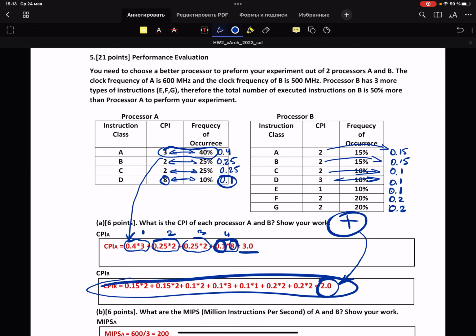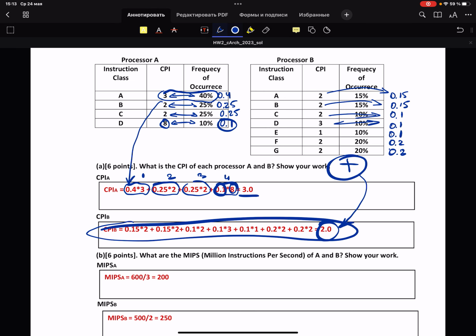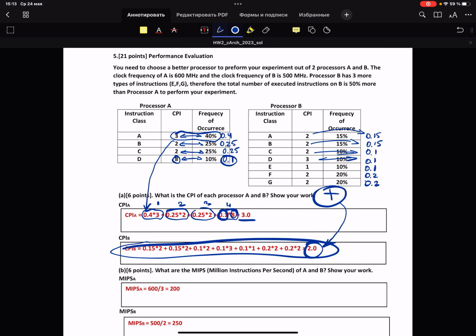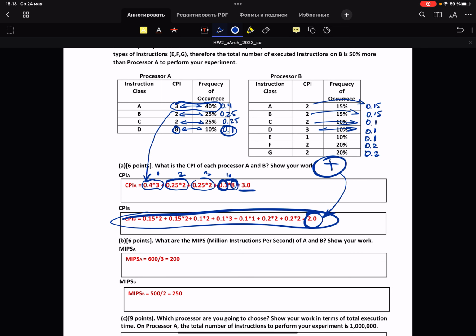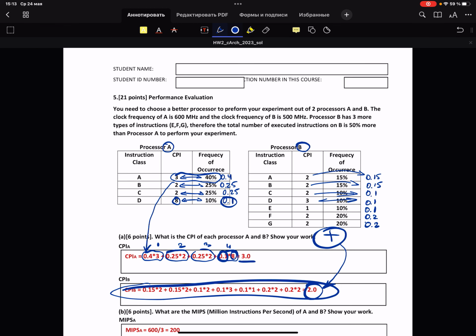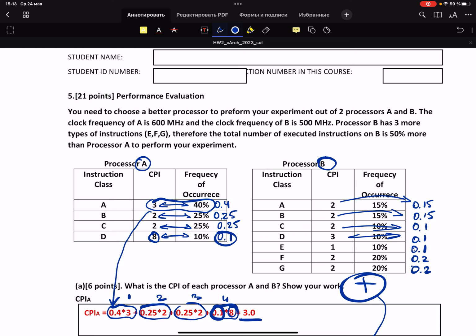Very simple. So now what you are asked to find is the MIPS of A and B. For this you have to divide the given clock frequency, okay? I mean, for both processors, processor A and processor B, initially you will be given the clock frequency.